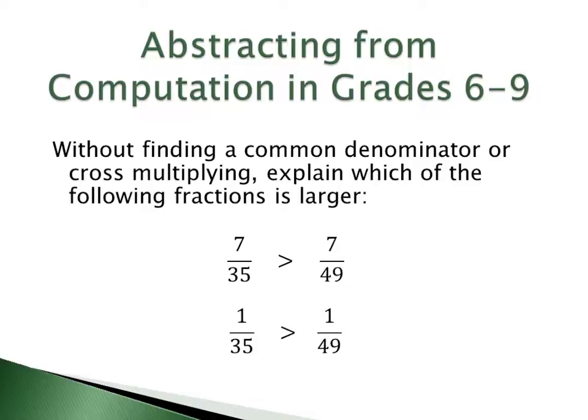Thus, since 7/35ths and 7/49ths both consist of 7 parts, and the parts of 35ths are larger, students can reason that 7/35ths is greater than 7/49ths. Furthermore, students can generalize beyond just one example. They might claim that if two fractions have the same numerator, the fraction with the smaller denominator is larger.